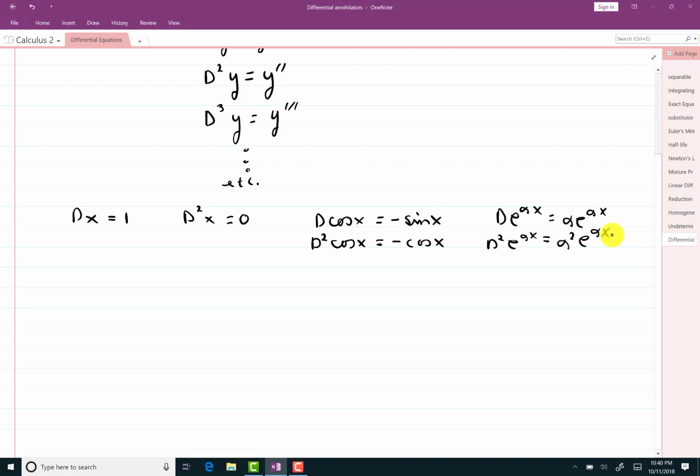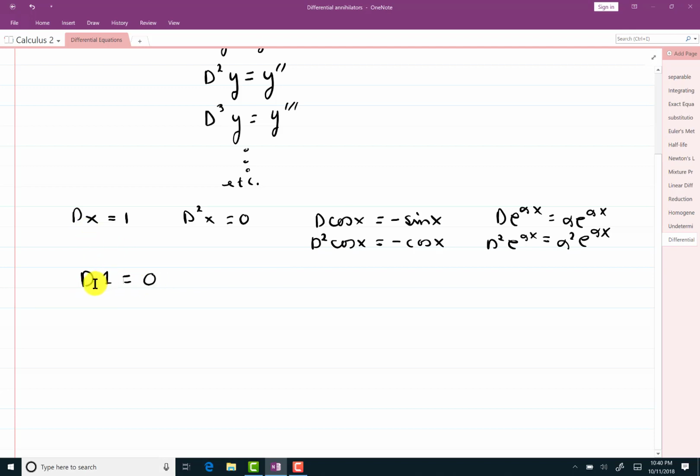It has its own little algebra, and that's what we're going to work on in this section. So what we're looking for is a way of making things go to 0. Let me show you what I mean. If I take D of just any kind of a number, say D of 1, D1 will equal 0.